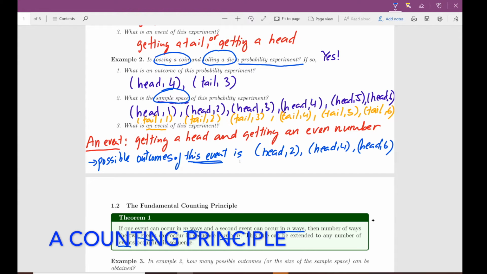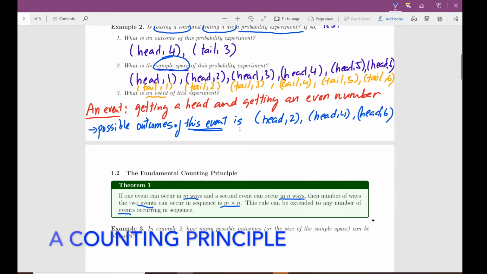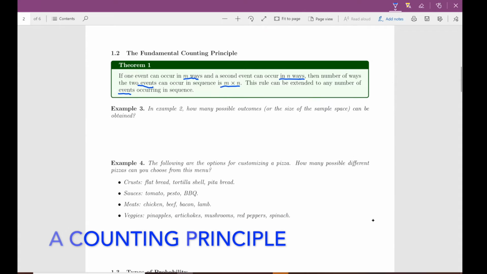So if you do an experiment where you toss a coin and roll a die in sequence, then the total number of all the possible outcomes for this experiment is 2 times 6, which is 12, right? So 2 is head and tail, and 6 is just the possible outcomes of the die. So 12.